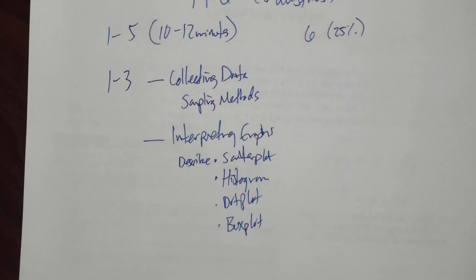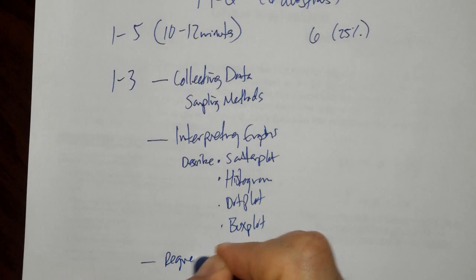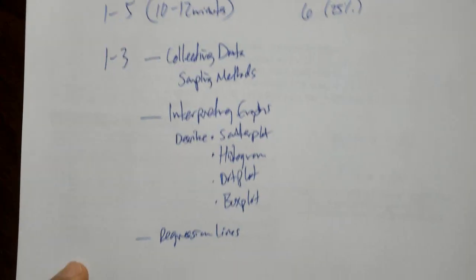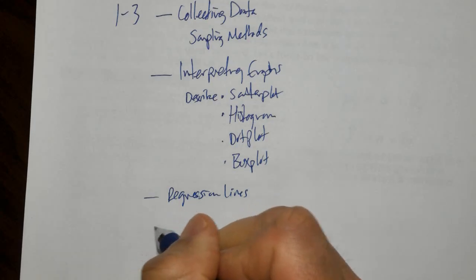You also do regression lines in this topic. And we'll talk today about the regression line, like how do you describe a regression line appropriately, correctly. You'll definitely see something here in this section, right?